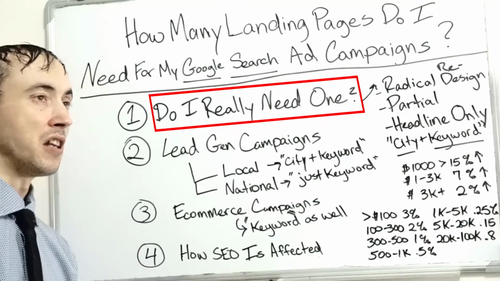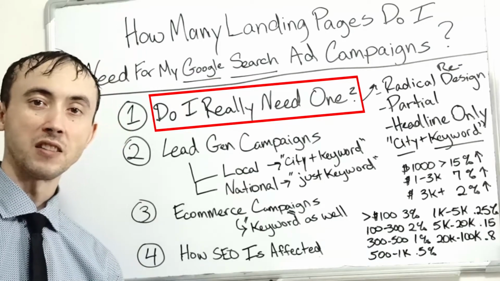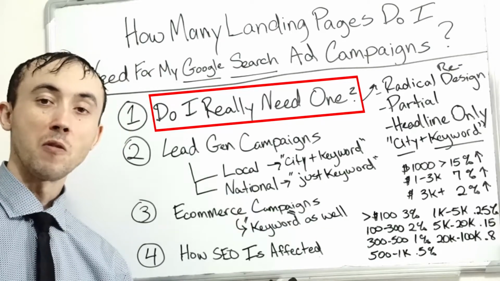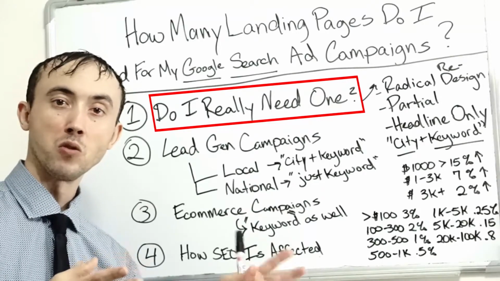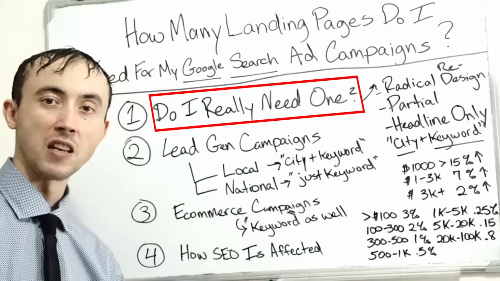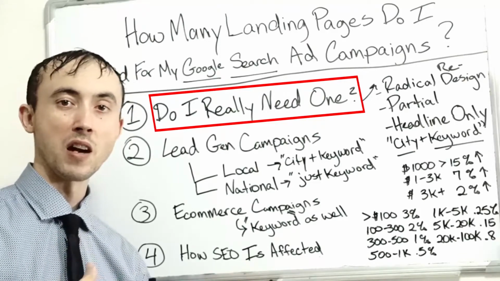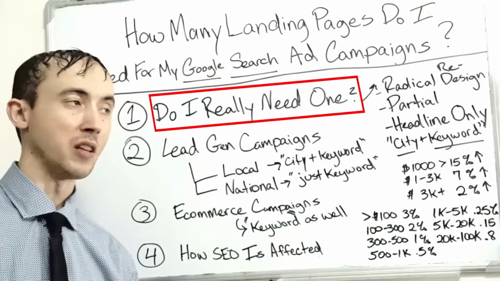But in any case, your current website, as it exists, if it were set up for an ad campaign, would be too aggressive, whereas the landing page you want for your ad campaigns to get the highest conversion rate possible is going to be very aggressive. That's why you usually have a separate landing page.